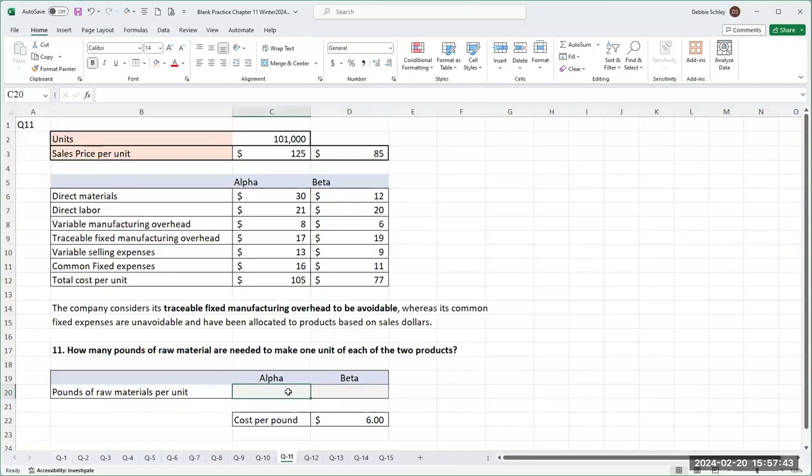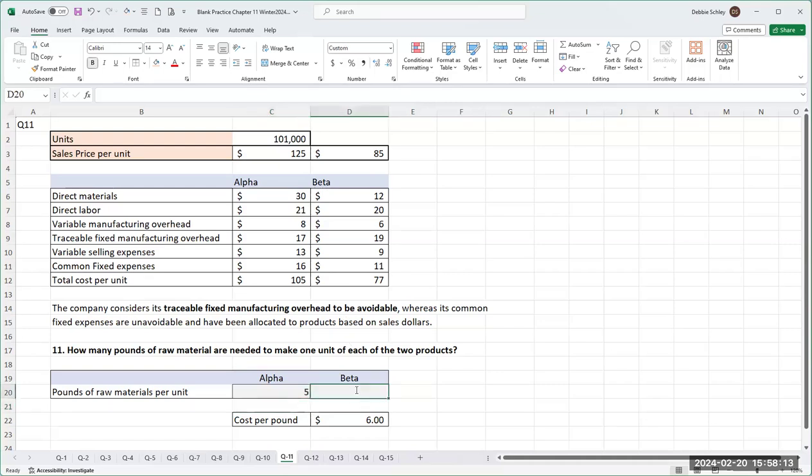So with that information, to find the pounds of raw material, we take the cost for direct materials for 1 unit of alpha divided by the cost per pound, and that will get me back to pounds. Because if I did it the other way, if I took 5 pounds of raw materials that cost $6 per pound, that equals $30.